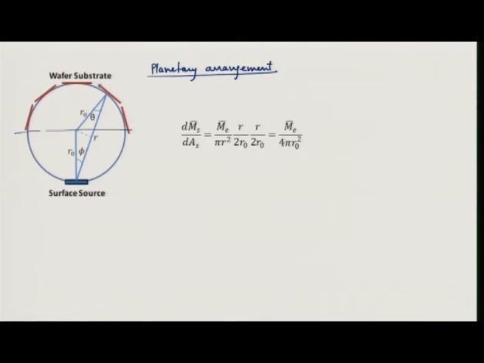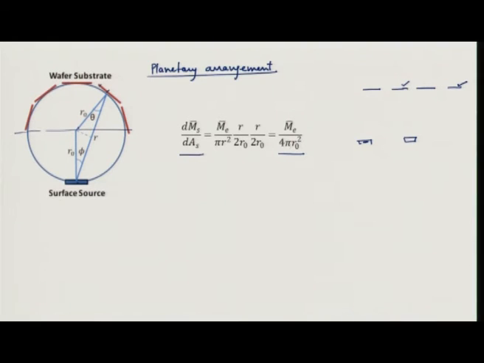I am not going to discuss the difference in thickness on a substrate, but from substrate to substrate. If I were to keep these substrates in a line from a surface source either here or here, then we will have a difference in thickness between the substrates. But in this case, as you can see, the surface source is kept here, and from geometry the thickness per unit area deposition comes out to be M_E, which is total evaporated mass, divided by 4 pi R0 square.